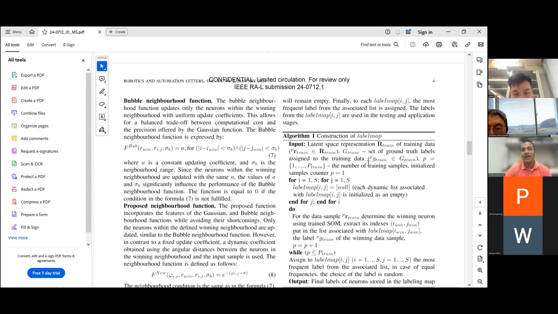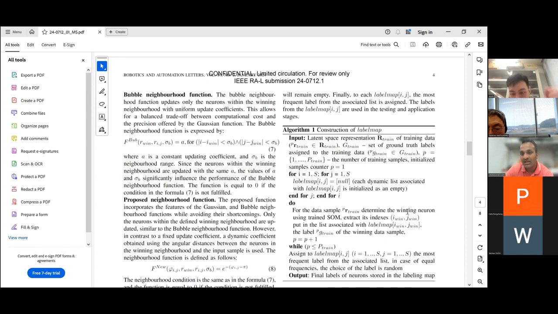Here, for example, we define the label. Of course, we have training data, but we also have to give the ground truth label assigned to the training data. The idea is to reduce this huge number of neurons to the number of neurons matching the label map which we define for the training data and the winning neurons, as you can see here, the labeling map.